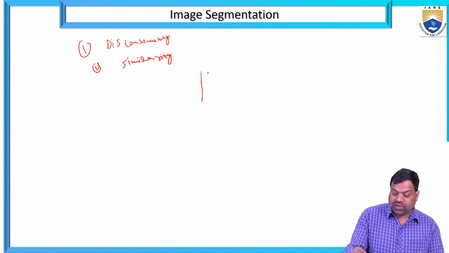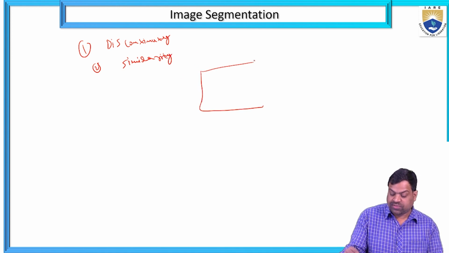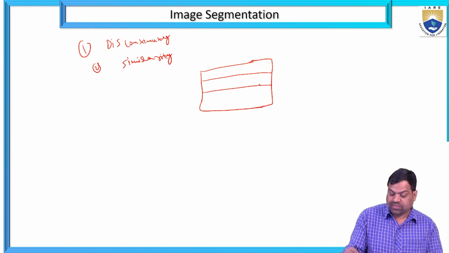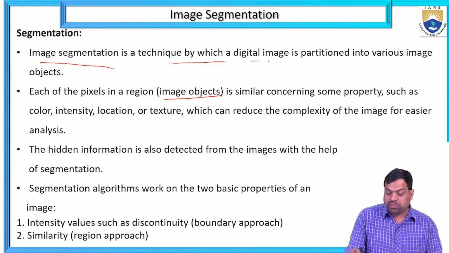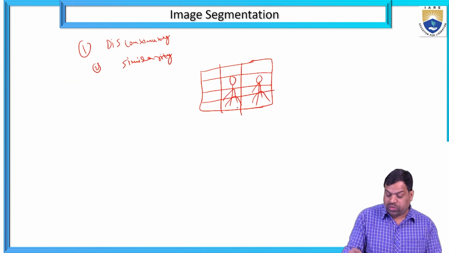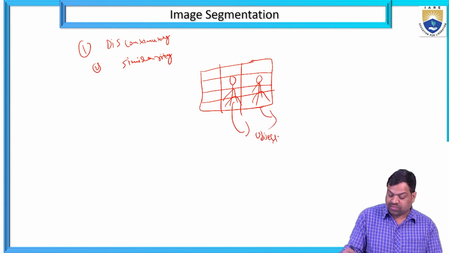Here, segmentation is a technique by which a digital image is partitioned into various image objects. So, how many objects are there? Object 1, and object 2. How many objects are there?